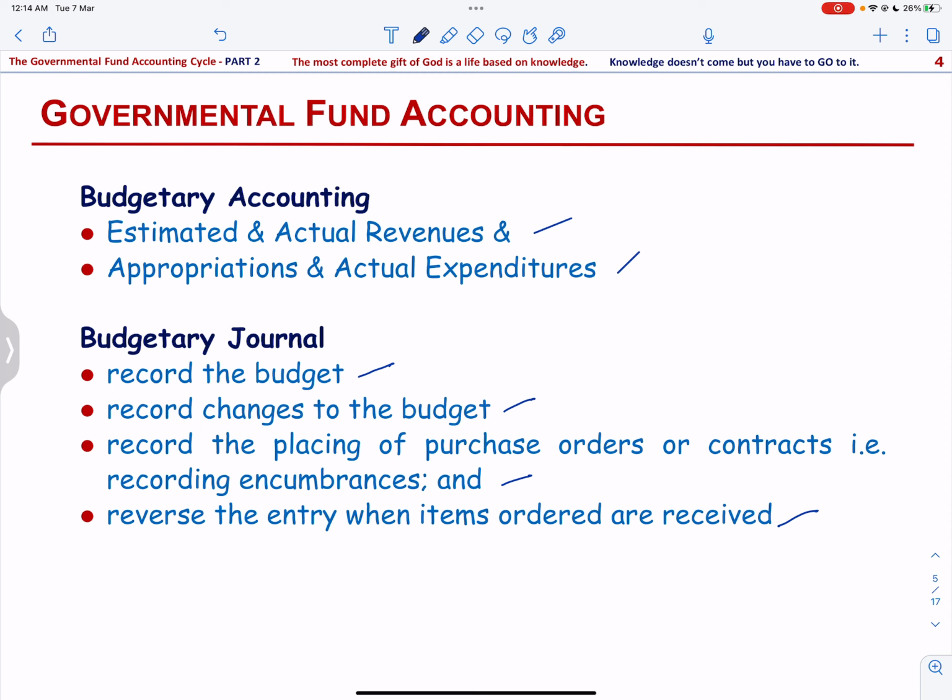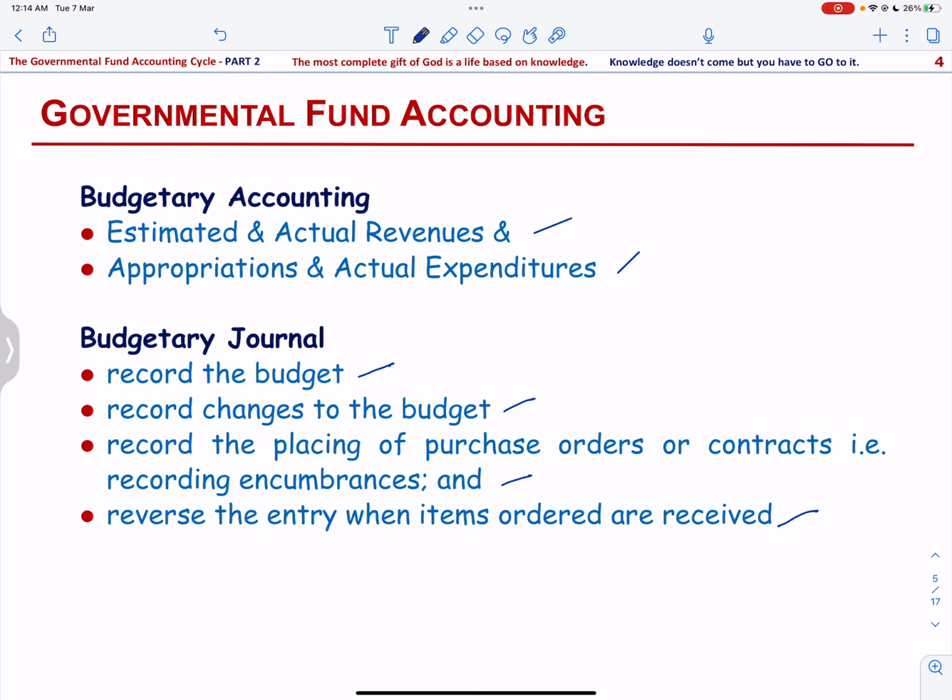Governmental entities always adopt budgets for transactions and events affecting the general fund and often adopt them for special revenue funds. This video will explain transactions that occur routinely in general funds and special revenue funds. I would also like to add that these two funds are subject to similar accounting and financial reporting principles.